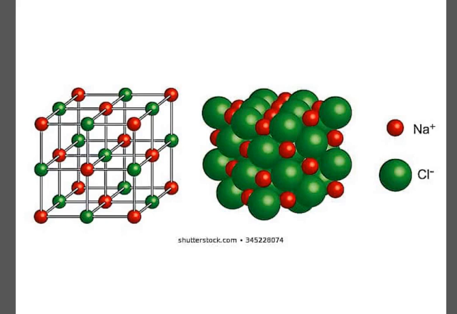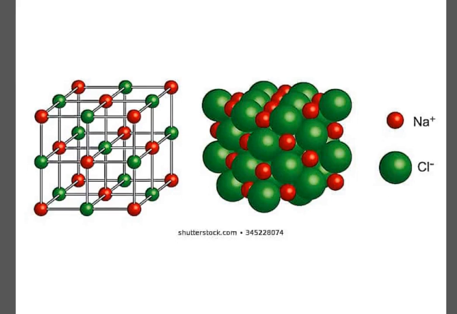The red colored balls are showing the sodium ion, whereas the green colored balls are showing the chloride ion. This is a crystal structure and they are arranged in this pattern in the sodium chloride crystal formation. About this you will be studying in more detail in class 11.